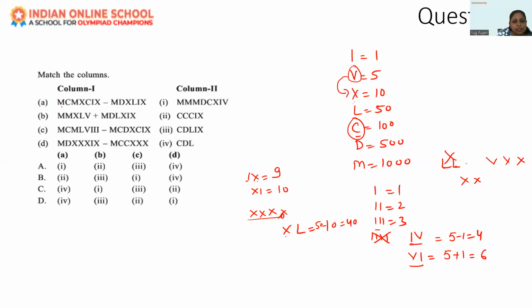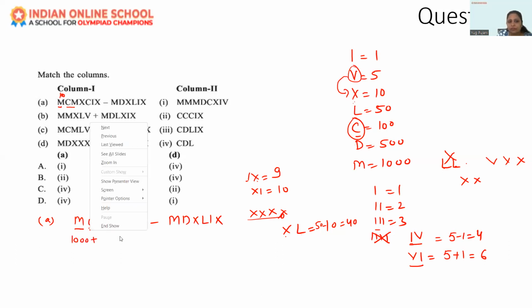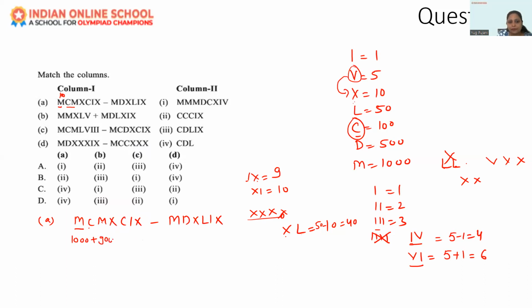Fine. So let's start this question now. I will start with the first one, MCM XCIX minus MDXLIX. M is for 1000, everyone. CM, C is on the left hand side, so it becomes 900.